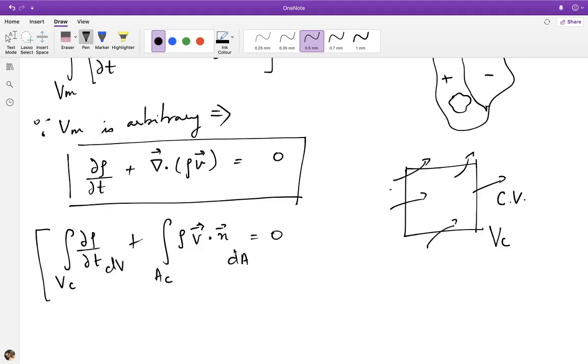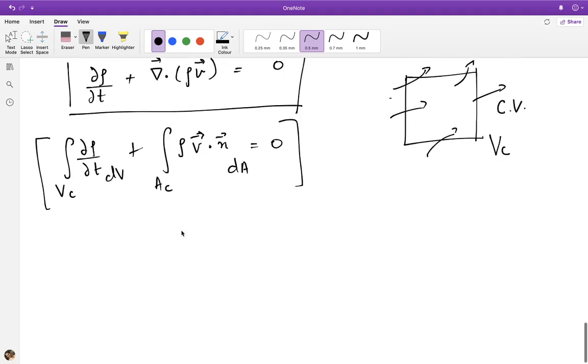So you see, what this tells me is that the principle of mass conservation says simply that the accumulation of mass plus the output minus the input is equal to 0. Why is this output minus input?